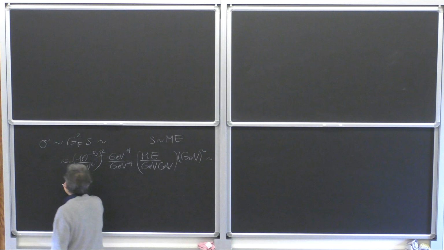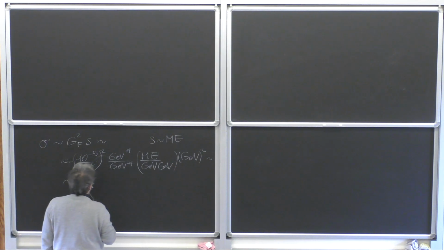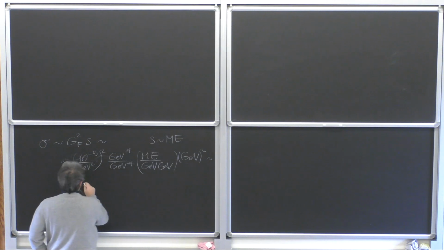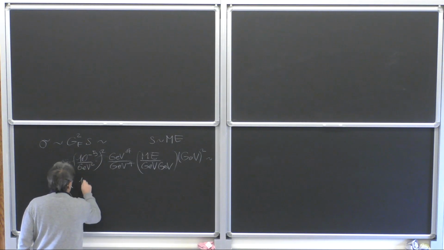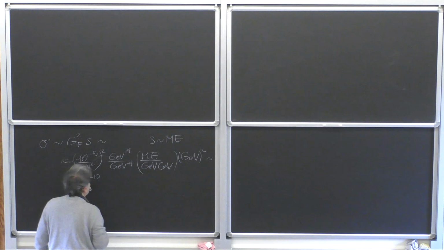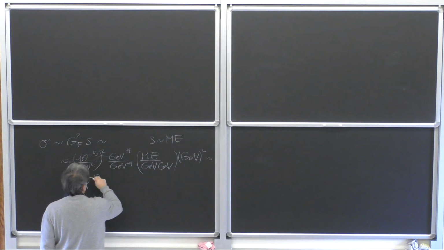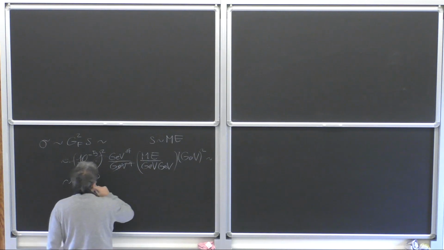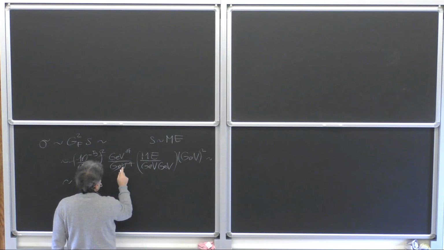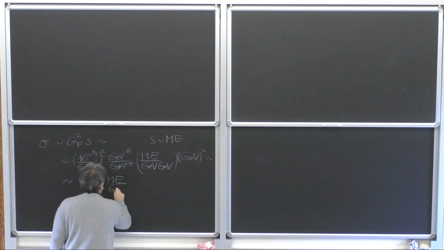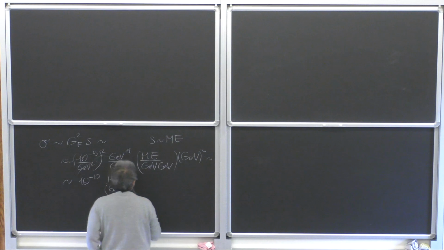This is about 10 to the minus 10. And here we have this and this cancelled. So M over E in GeV squared.